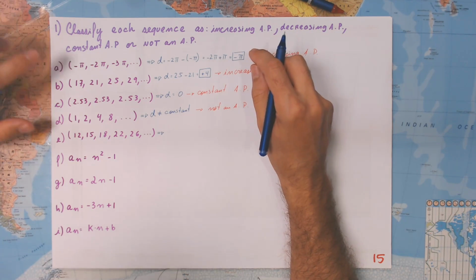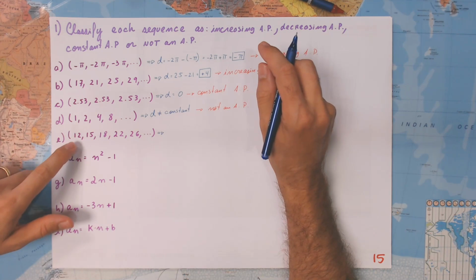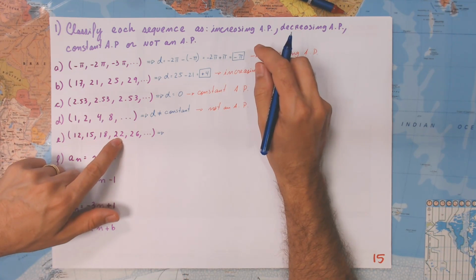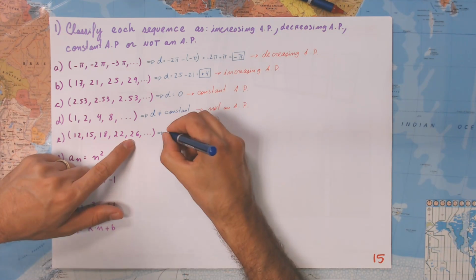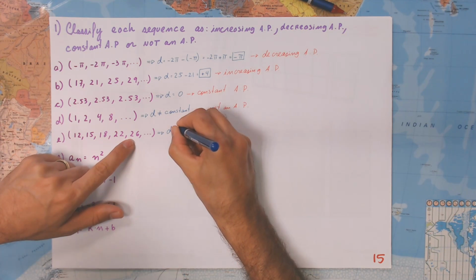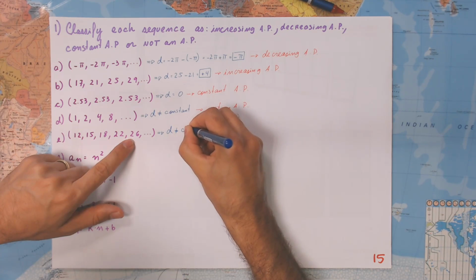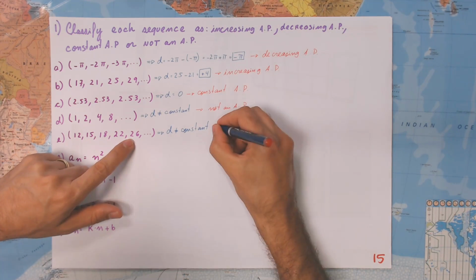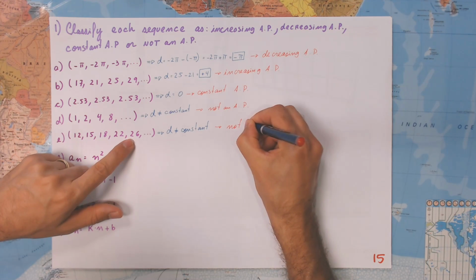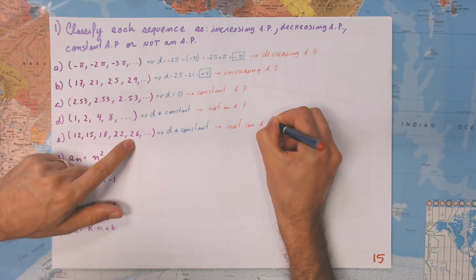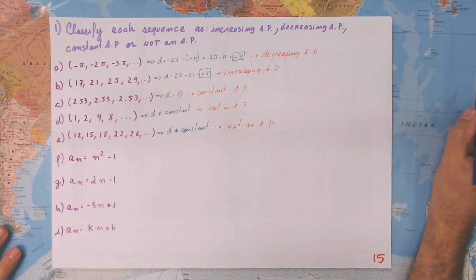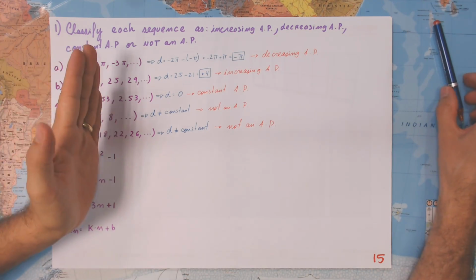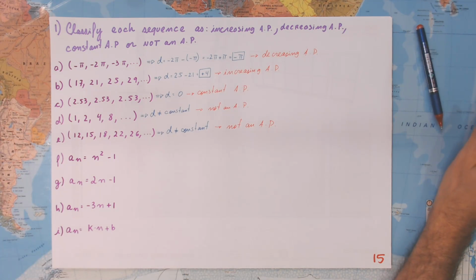Because what I told you in the beginning, test for everybody. Plus 3, plus 3, plus 4, plus 4. D is not constant. This is not an arithmetic progression as well. We gotta have the same constant over and over for each next term.